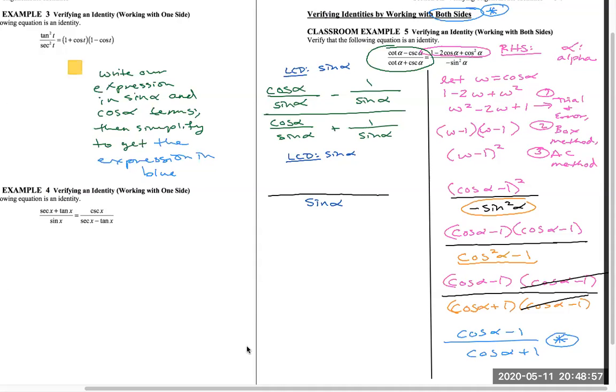And then on top, we still have cosine alpha minus 1. Okay, and then on the bottom of our complex fraction, we're going to have cosine alpha plus 1 divided by sine alpha.